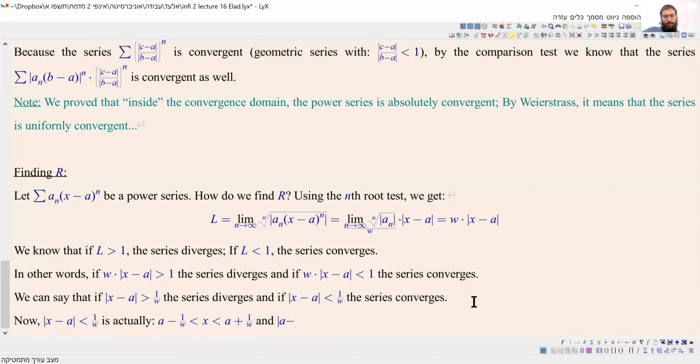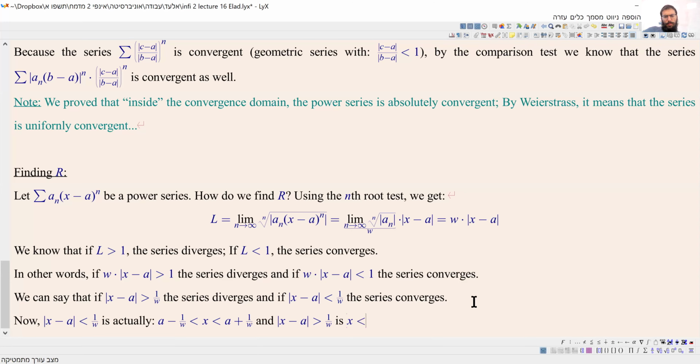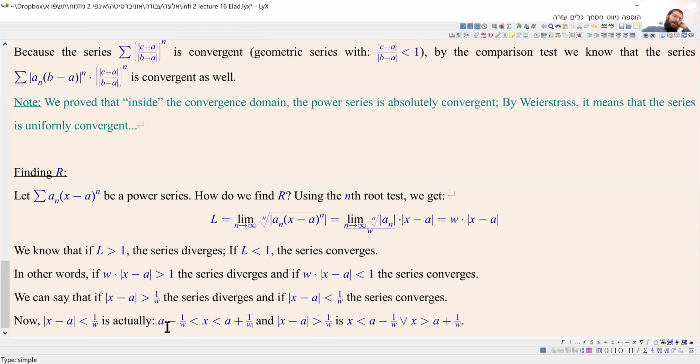Let's write it down as well. X is smaller than a minus 1 above W, or, with the logical notation, x is greater than a plus 1 above W. By the very definition of the convergence radius, 1 above W is the radius.